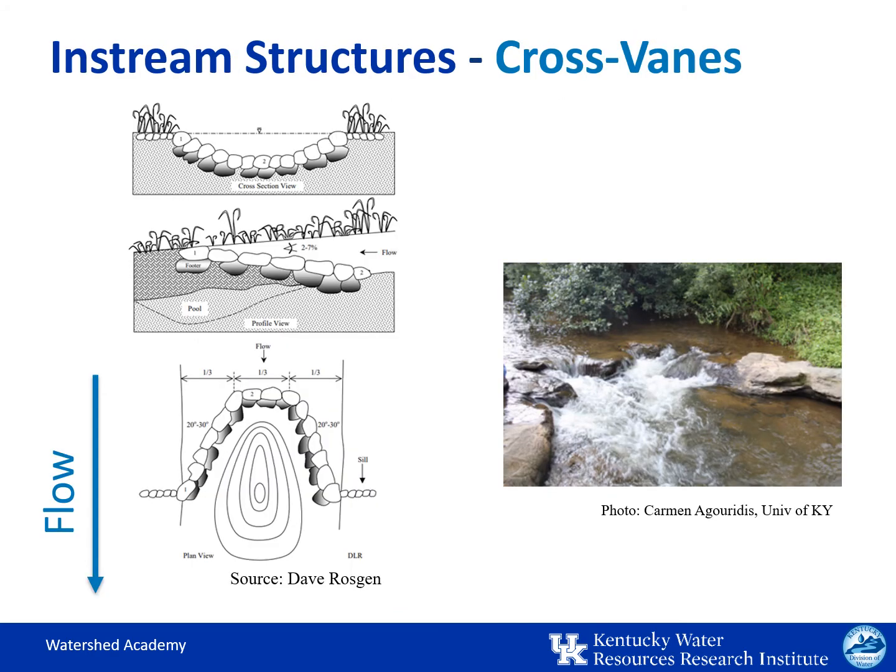The cross vein structure is similar to a weir, but differs in that the stones do not extend much above the stream base flow level. The cross vein decreases near bank shear stress, velocity, and stream power while increasing the energy in the center of the channel. Essentially, you can see the flow in the picture there as from the top left to the bottom right, and so it's in a U-shaped upstream structure.